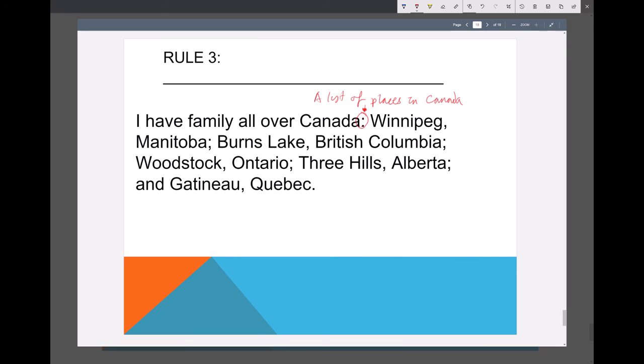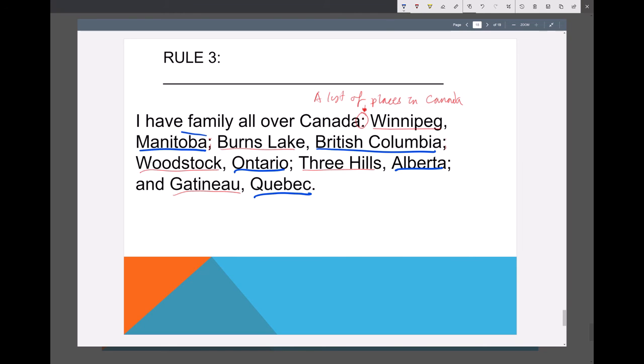And notice it's two groups of words separated by the big semicolon here. So if you know your geography or your places in Canada, Winnipeg is in Manitoba. Burns Lake is in British Columbia. Woodstock is in Ontario. Free Hills is in Alberta. Gatineau is in Quebec.